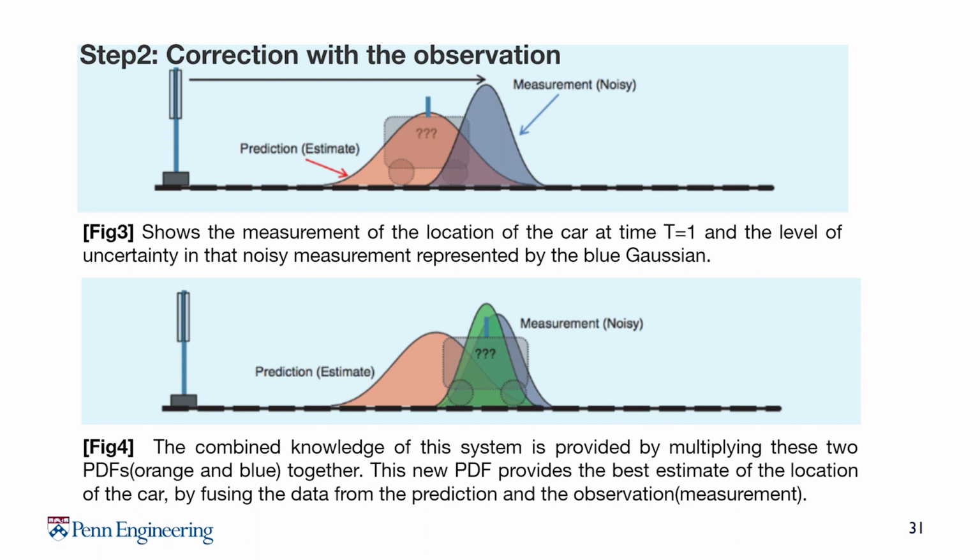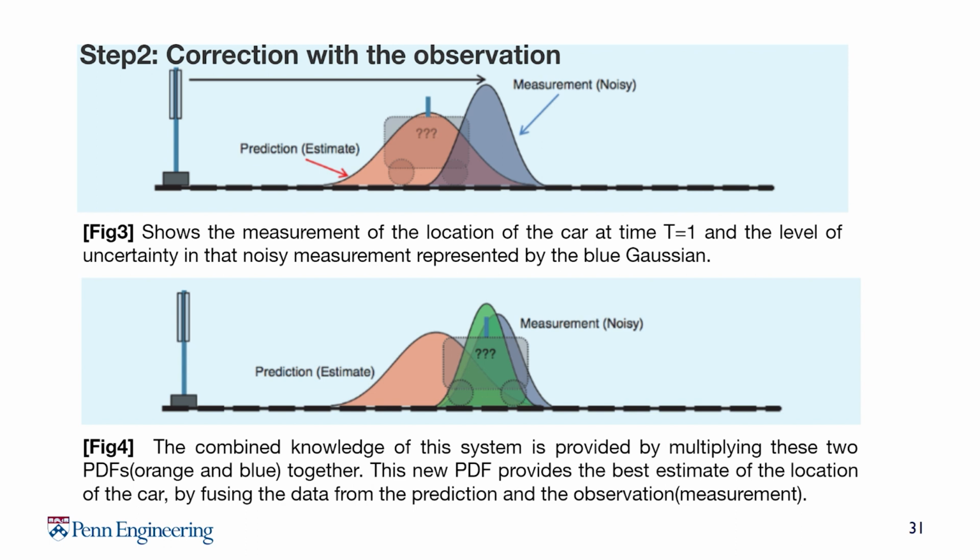If we combine those two distributions and normalize the new distribution, we will get a new probability density function, which is the green one here. This gives us the best estimation of the location of the car by fusing the data from the prediction and the observation.